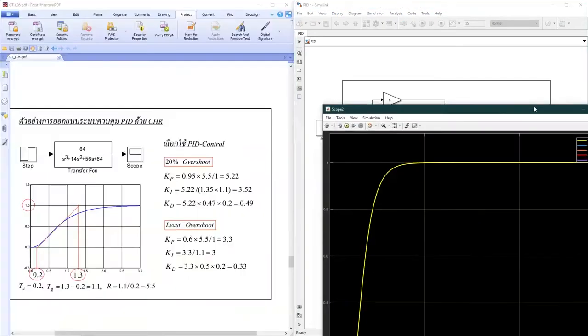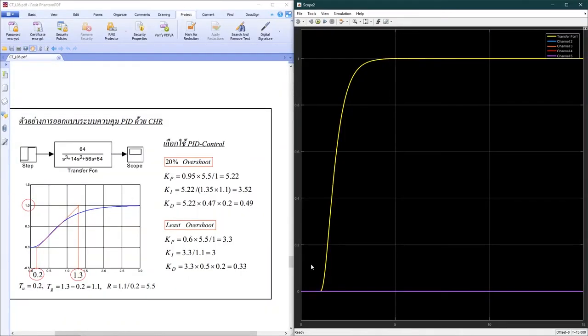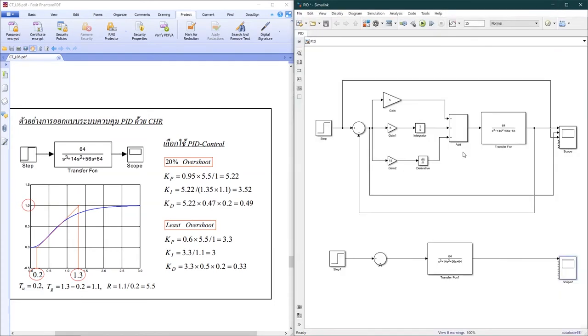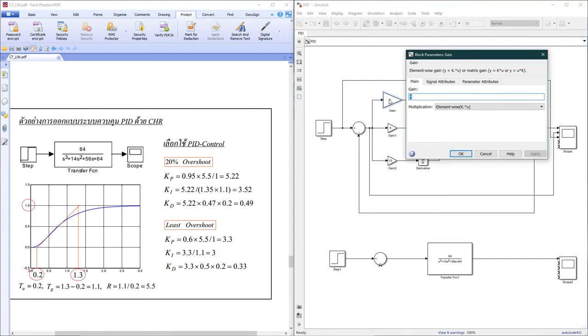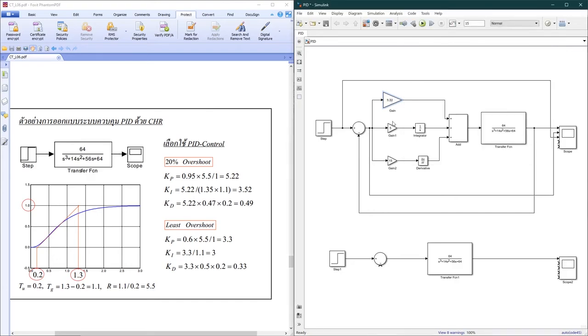We can measure all the values according to the paper in MATLAB. Okay, then let's set Kp, Ki, and Kd values, which are calculated, and see how the system responds. Kp at 20% overshoot would be 5.22.